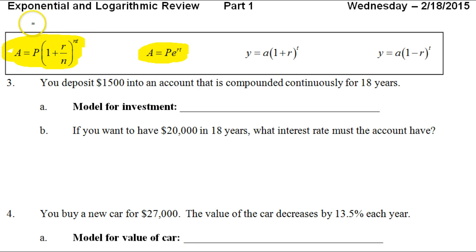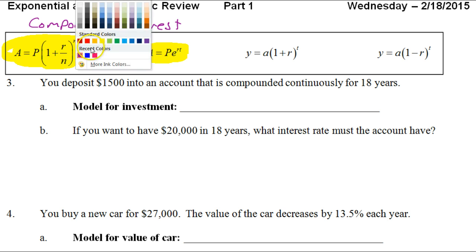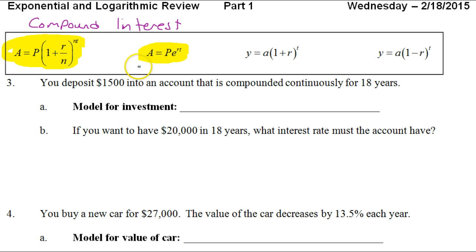So since both of these are compound interest, how will we know which one of these to use? Well, this one over here on the right is the one we use when we are compounding continuously.